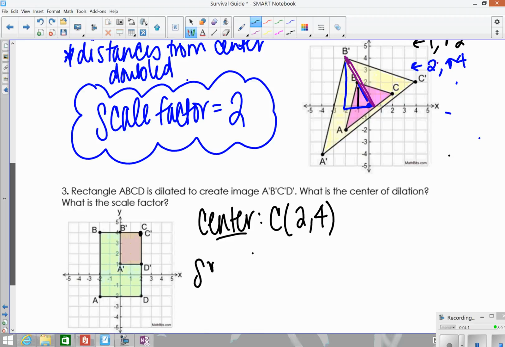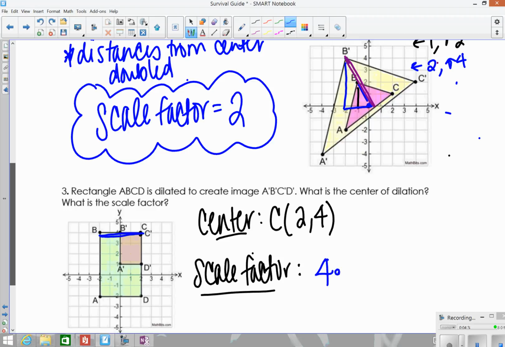And then for the scale factor, we're going to use the same process that I did for number 1. You could use a counting method where you decide how much you went over and up, same idea. But looking from C, you want to compare the distance from C to B. We start with that. I had to go 4 units, so the original distance was 4.